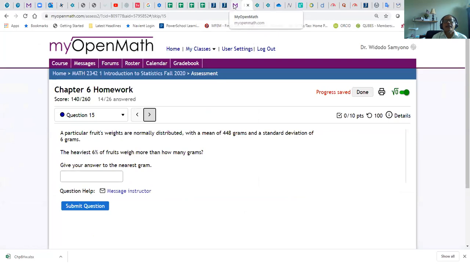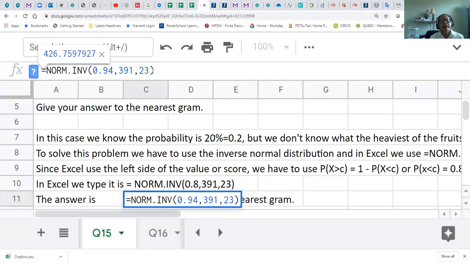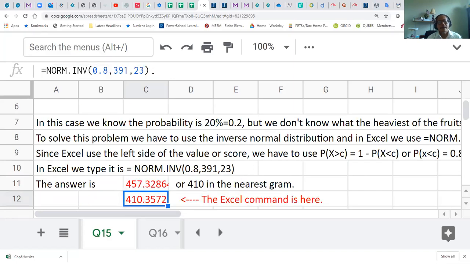The standard deviation is 6. Enter. You need to round up to the nearest gram. So the answer will be 487.